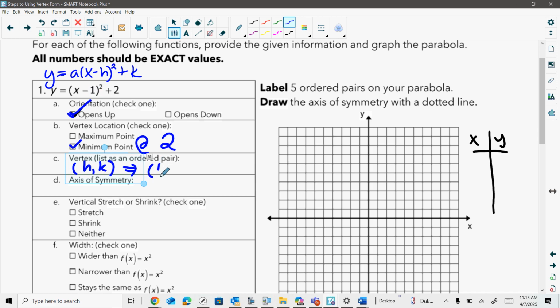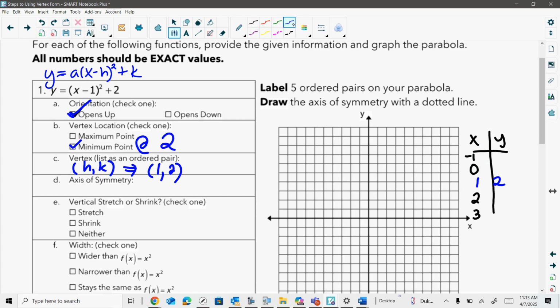So it's +1, and the k value is the same sign. What's the k value here? Yeah, so it's 1, 2. That 1, 2 has to be in the middle of your table, and you're going to have consecutive points going after the 1. So that would be 2 and then 3. Consecutive points before the 1. That would be 0, -1.